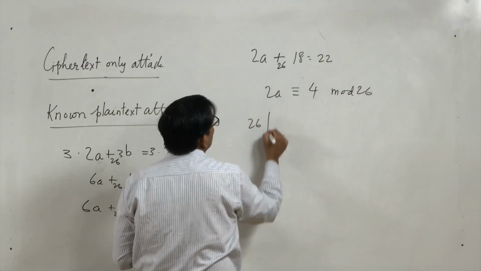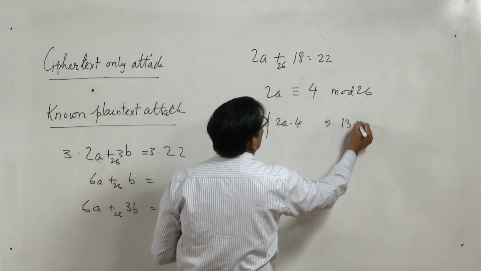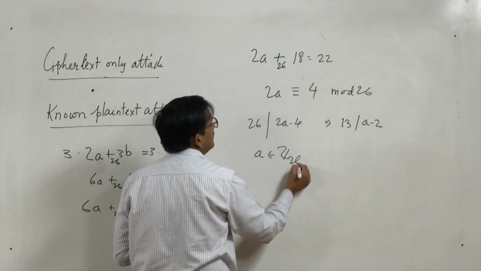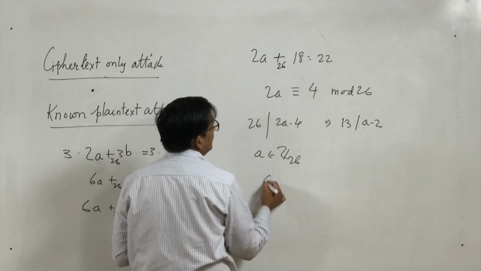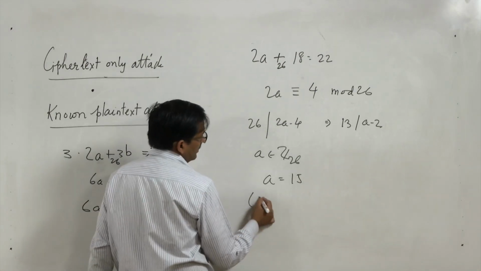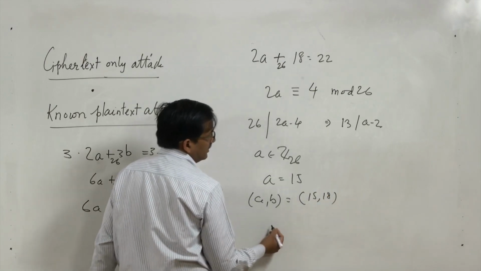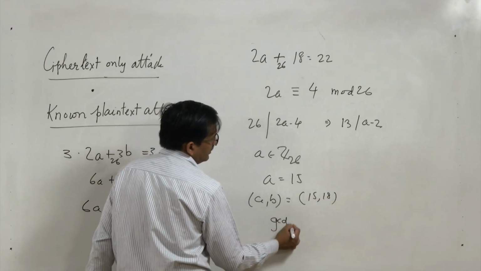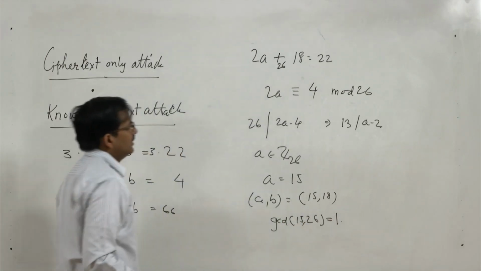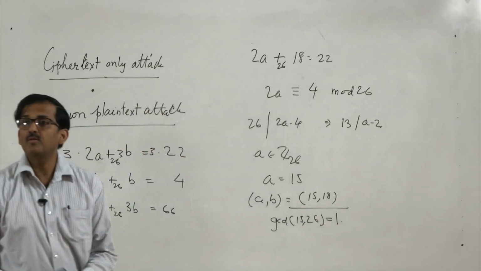So, 26 divides 2A minus 4, which implies 13 divides A minus 2, and I know that A is an element of Z sub 26, and the only possible element is 15. We see that we have retrieved A, and more so that (A, B) is (15, 18), and GCD of 15 comma 26 is 1. That means (15, 18) is indeed a valid key of affine cipher.